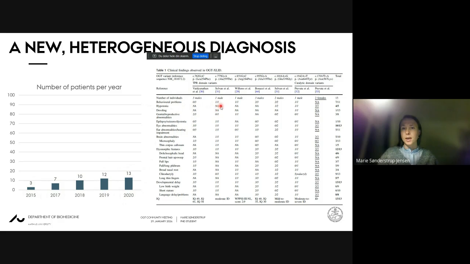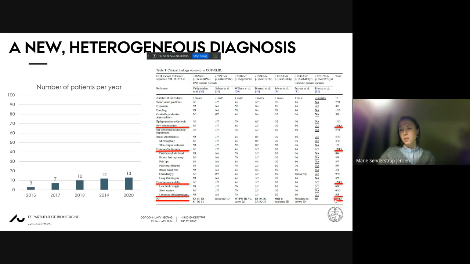Whenever it says NA, it means not available. So for some of the patients, we don't know a lot, or for some of the phenotypes or symptoms, we don't have that information for a lot of the patients. However, what we can see are the main symptoms, and intellectual disability, or IQ, down here.